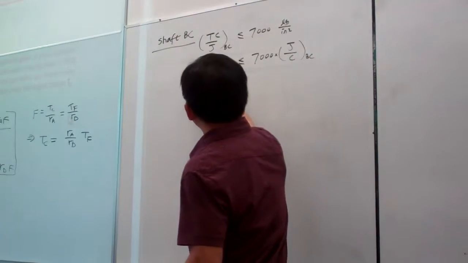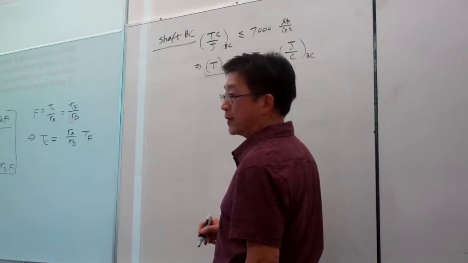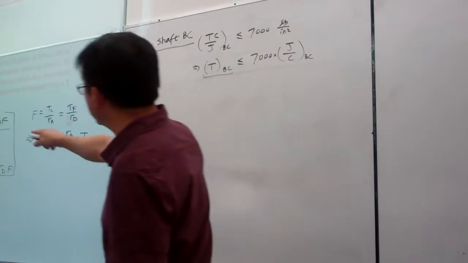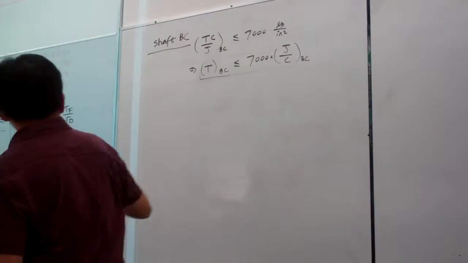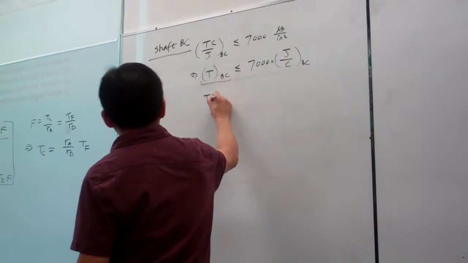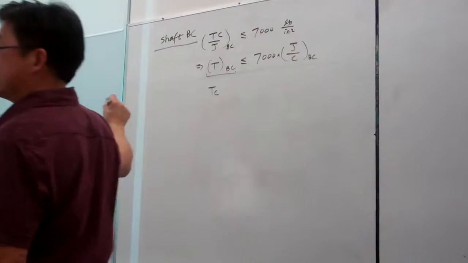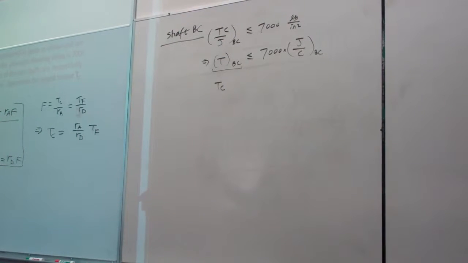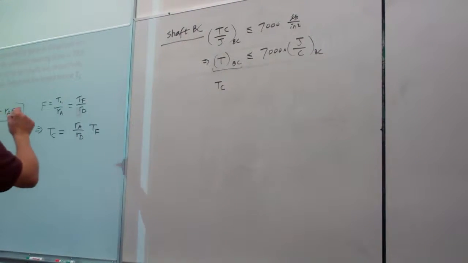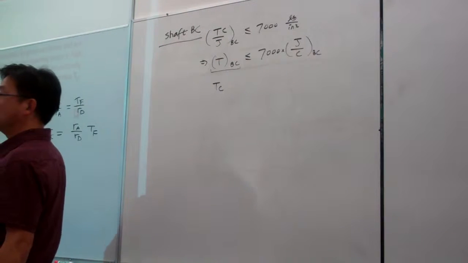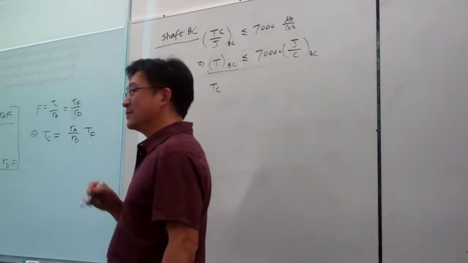Okay, and actually what is this? This is the torque in shaft BC per our notation, that is TC, right? Excuse me, Professor. Yes. So if we're trying to solve for the largest torque in TC, why would we solve that initially? Because if we substitute it in, wouldn't it disappear?